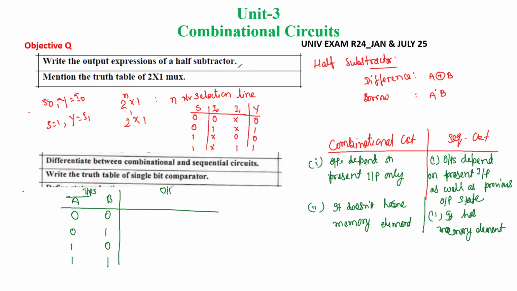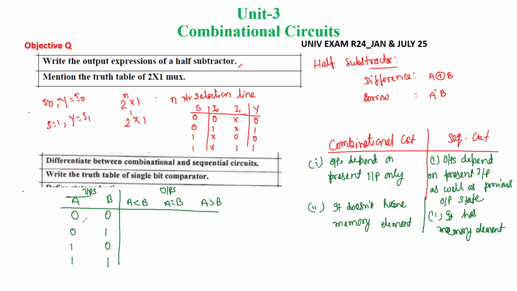In the outputs, what are the possibilities? The purpose of the magnitude comparator is to compare the two numbers. Either A is smaller than B, or A is equal to B, or A is greater than B. Only these three possibilities are there.